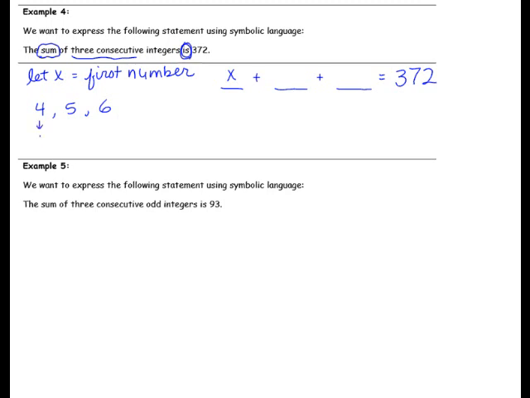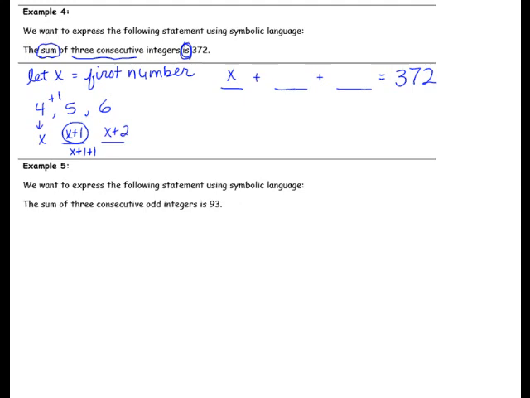If our first value is x, how much more is the next one? Well, it is 1 more than the first. So our second number would be x plus 1. Then our next number is 1 more than this one. So that would be x plus 1 plus 1, which is x plus 2.